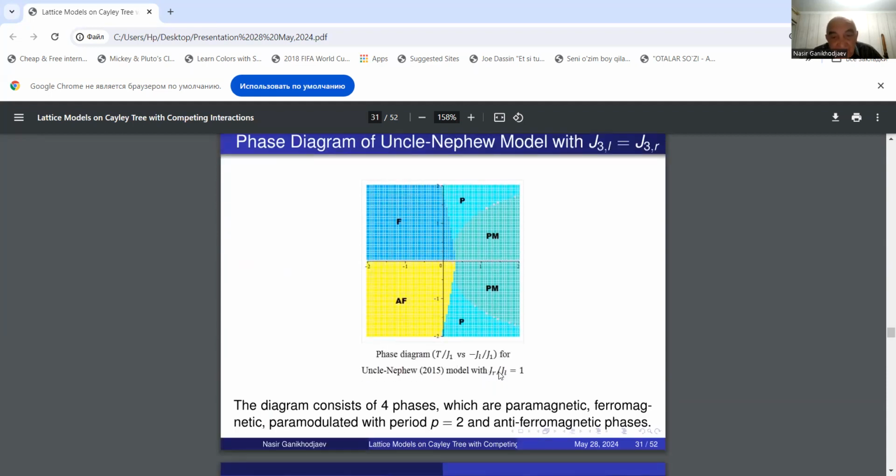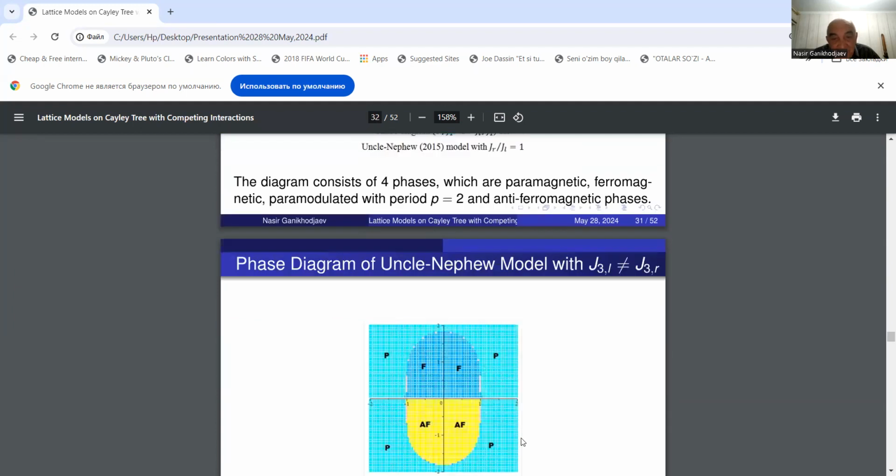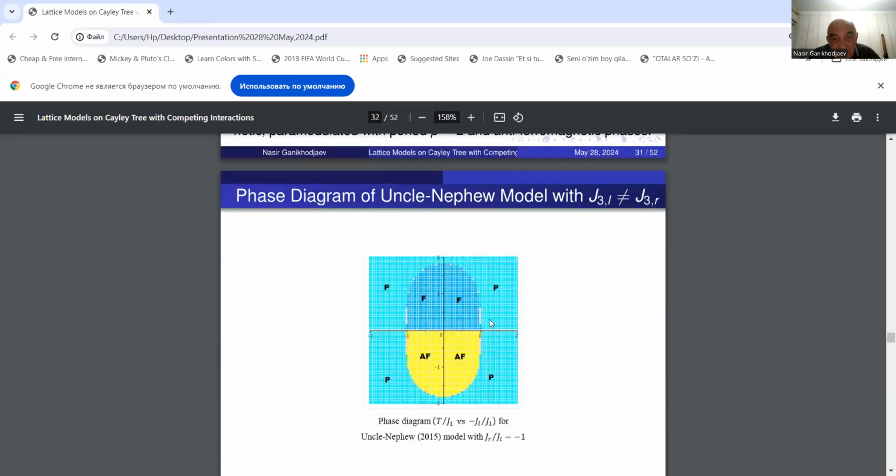And here again, this phase depends on the ratio GR to GL. This is GR, interaction of third neighbors of type R, and the respective L. And for such a ratio, when they are equal, we have such a phase diagram. When the ratio is minus 1, we have a very interesting phase diagram.